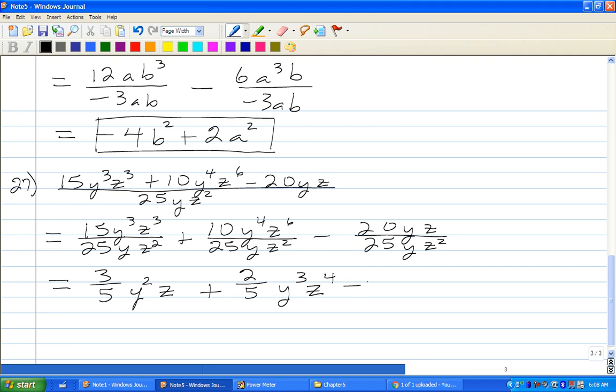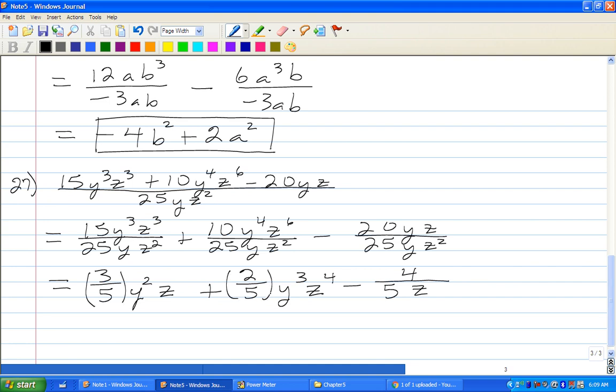I can divide both 20 and 25 by 5, and so 20 divided by 5 is 4. 25 divided by 5 is 5. The y's cancel. Z squared divided by z is just z. Since the power of 2 is bigger than the power of 1, my z will be in the denominator. And, well, this is my answer.